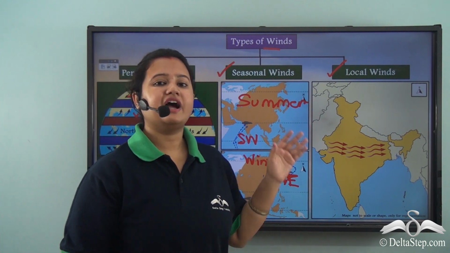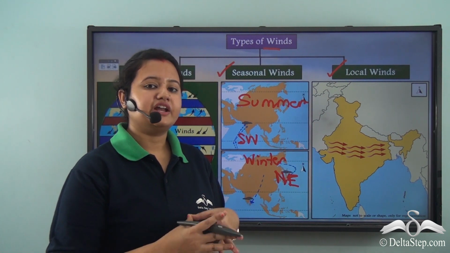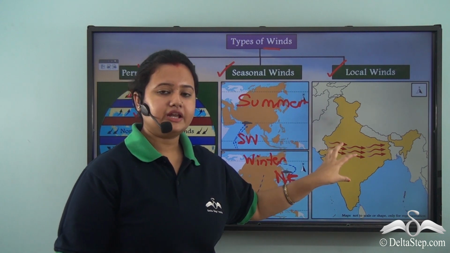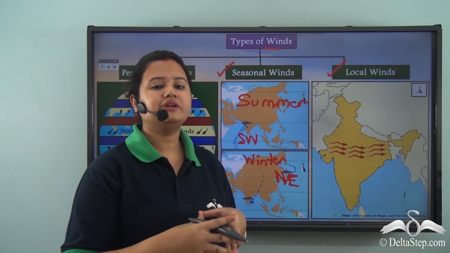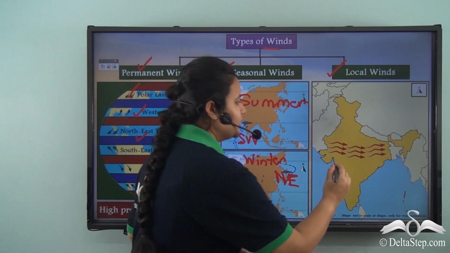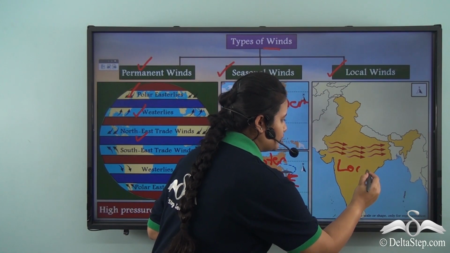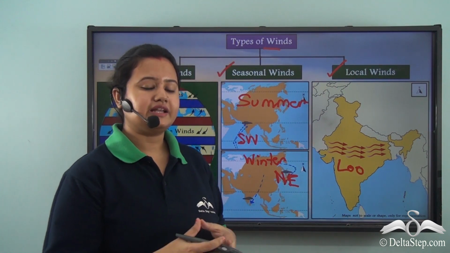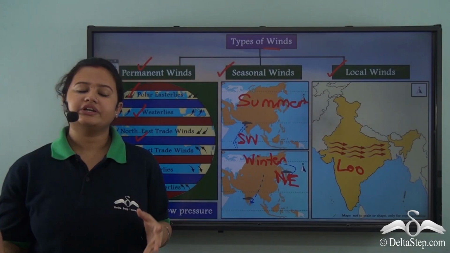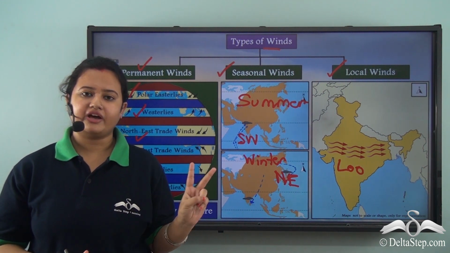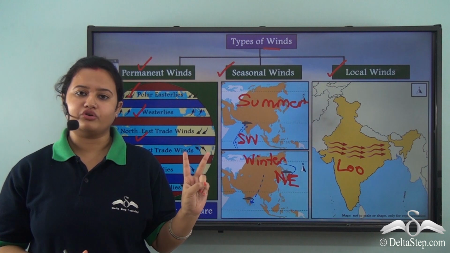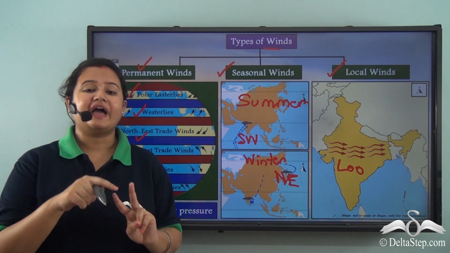Now lastly, we have local winds. Local winds are effective over a small area and also they blow for a shorter duration. Now a prominent example of local wind is Loo, that is active over the northern plains of India in the summer months. So in today's lesson, we discussed two important atmospheric factors or two important elements of weather, that is temperature and wind.